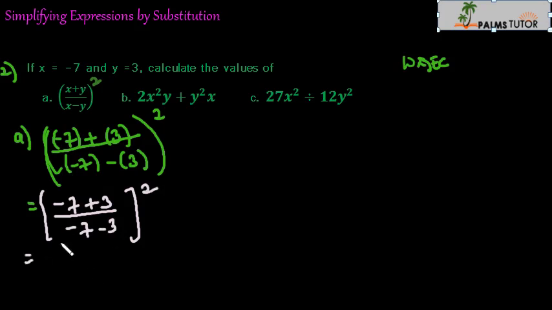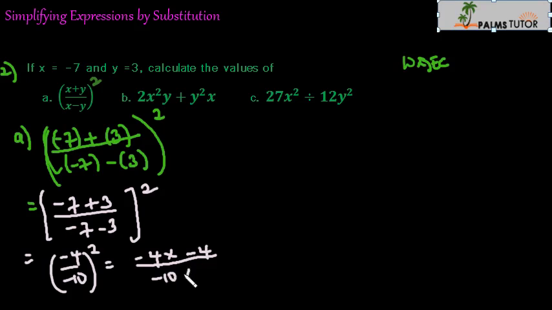So here I have minus 7 plus 3 is minus 4 over minus 10, all squared. So we can rewrite this as minus 4 multiplied by minus 4, because squared means use the term in two places, twice. Minus 10 multiplied by minus 10.